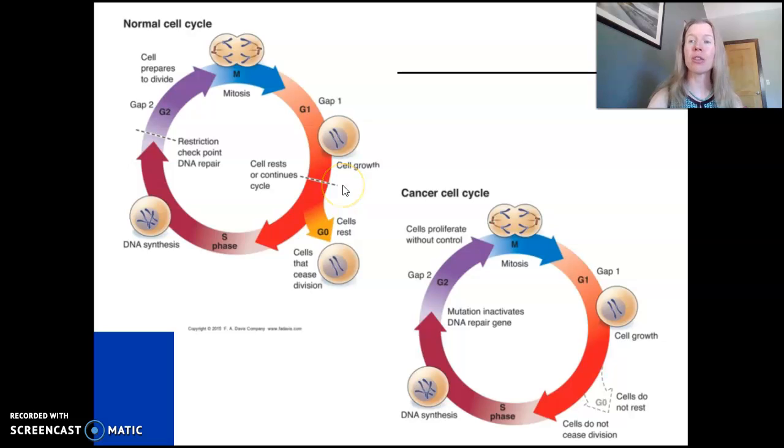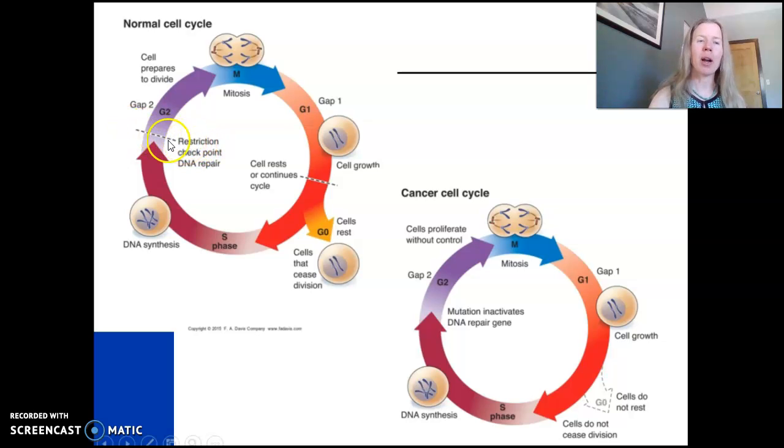There are basically checkpoints in the cell cycle, right? So here we see this line is acting as a checkpoint where those cells might move into a phase called G0. The cells are just resting. They're going to keep doing their normal life processes, but they're not working towards undergoing mitosis. Okay.